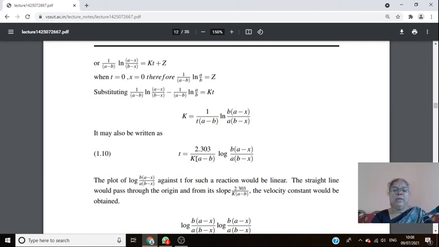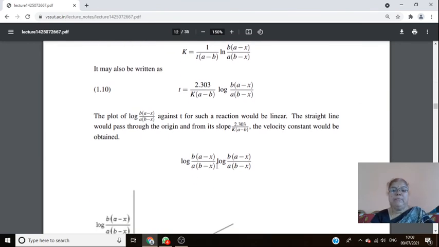We have to put t and k here, or for time t we can calculate time values by putting k here. And this is the velocity constant of a second order reaction where the initial concentrations are different.